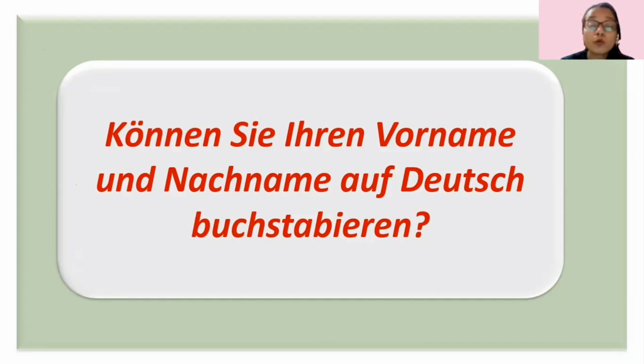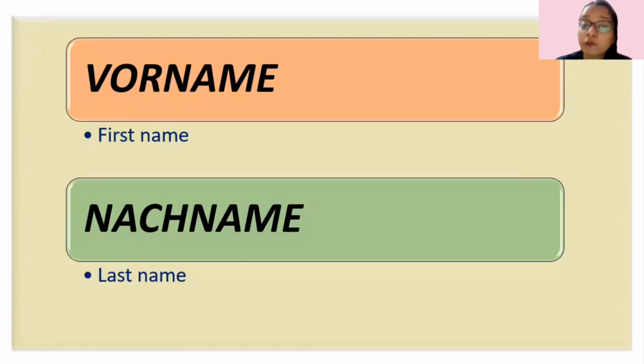Buchstabieren means to spell out. Vorname means first name, and Nachname means your last name.